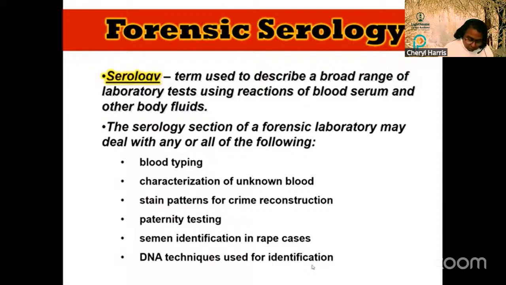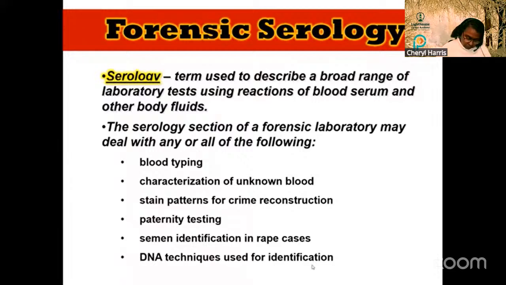Now, a serology lab is going to cover a lot of different areas, and I've listed some of those areas on the screen. You can have a forensic serology center or forensic serology lab, and within that laboratory, there are going to be different divisions.